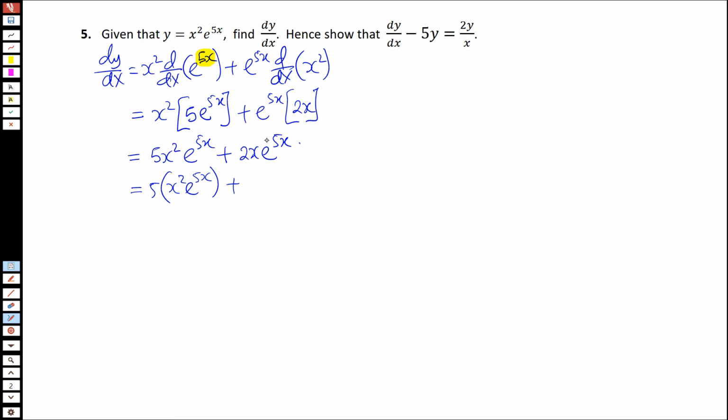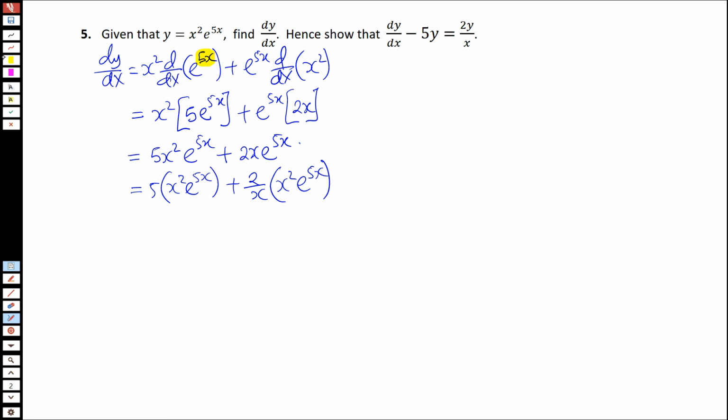So this term here can be written this way. We can have 2 over x multiplied by x squared e to power 5x. And the reason behind this is because I know that y is given by x squared e to power 5x. So basically, I want to rewrite the derivative in terms of the original function.